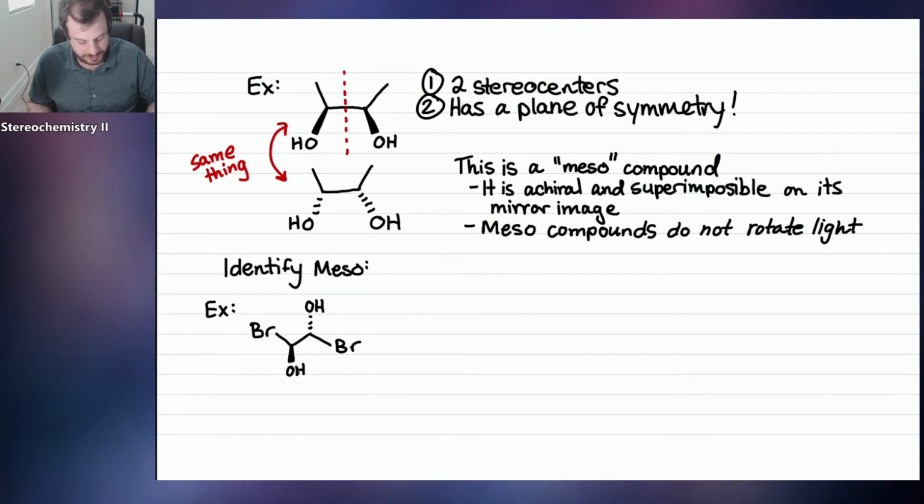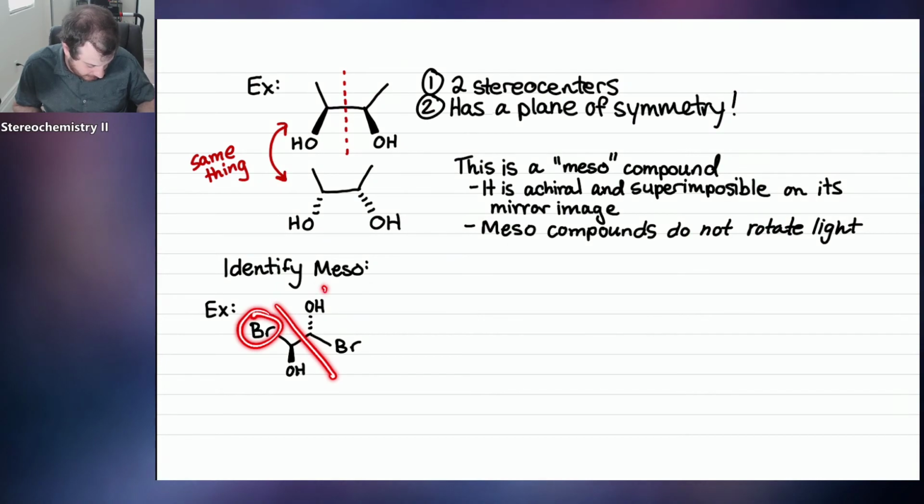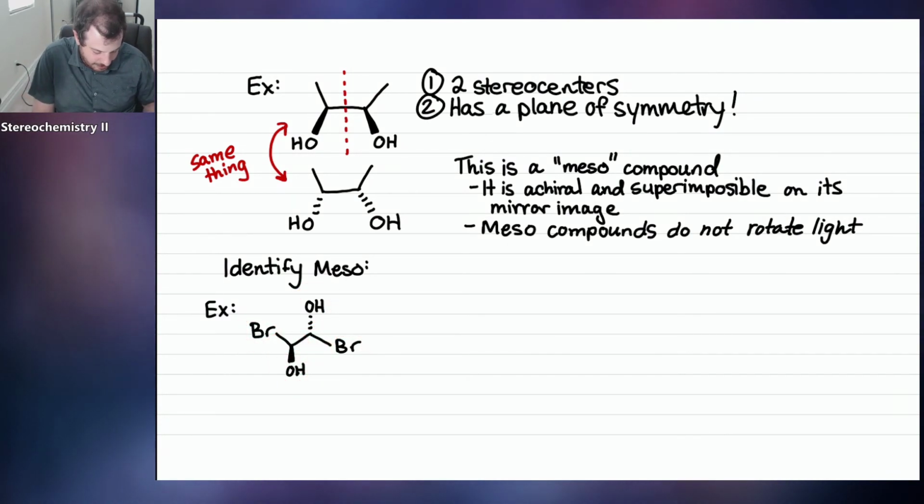And this is hard, because it requires rotating molecules in your head, which is not easy. But if you look at this molecule, it appears to have two stereocenters, and it doesn't appear to have a plane of symmetry. If I draw a line here, it's not quite the same on both sides. I see Br here and OH here. That's not the same. I see OH and Br. Don't seem to be the same.